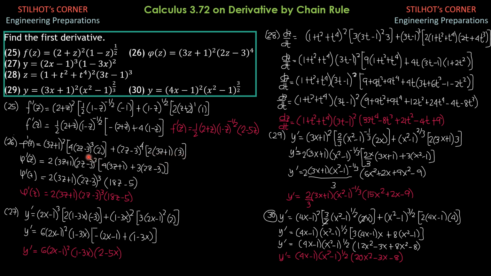Then common for the constant is 2, and for 3z plus 1, this is 1, this is 2, so 3z plus 1 raised to 1. For 2z minus 3, this is the least, 2z minus 3 quantity cubed.